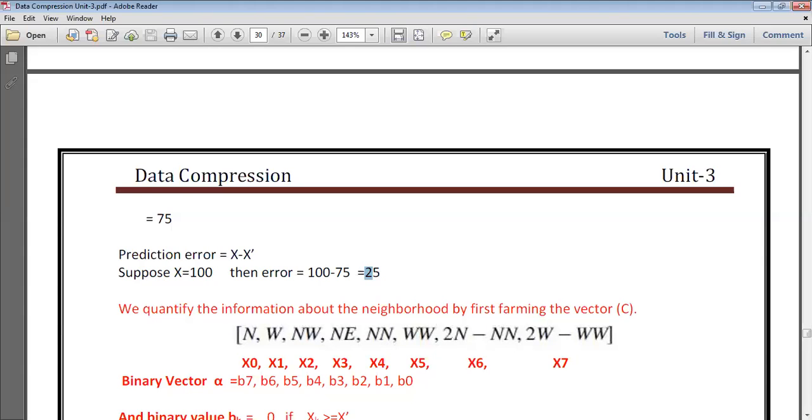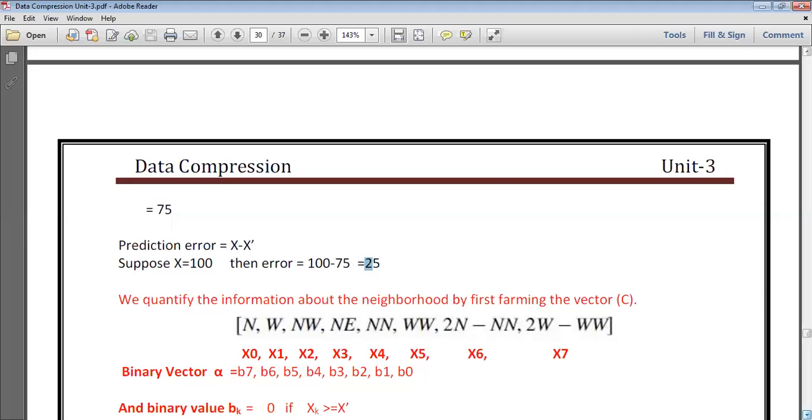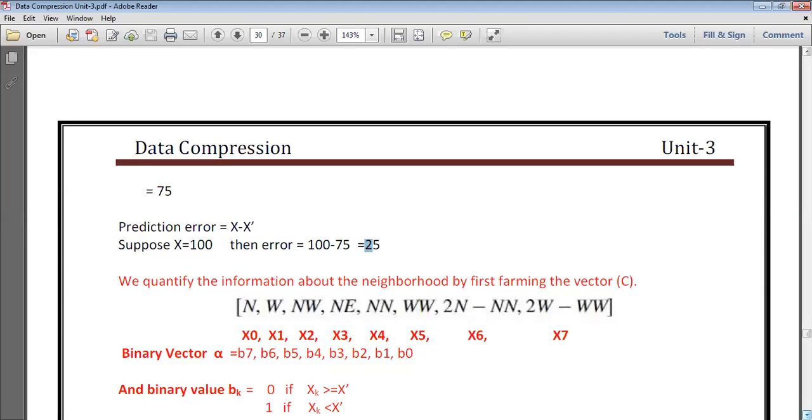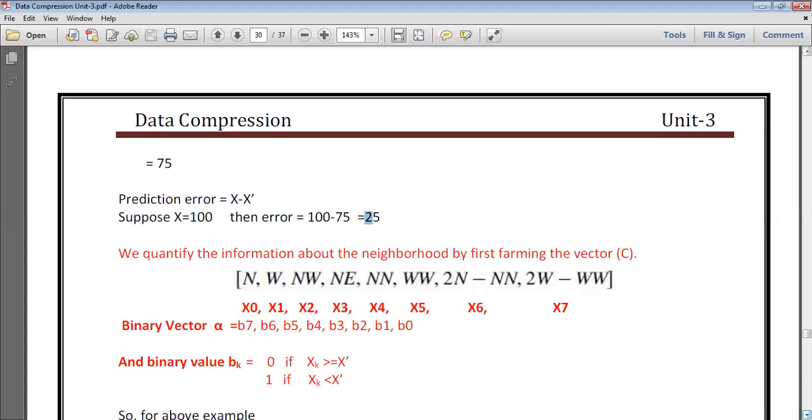Now after calculating all these, again what we will calculate is the vector values, and how we'll find the vector values. For this we have used this sequence: north west, northwest, northeast, north north, west west, 2 multiply by north minus north north, comma 2 multiply by west minus west west.